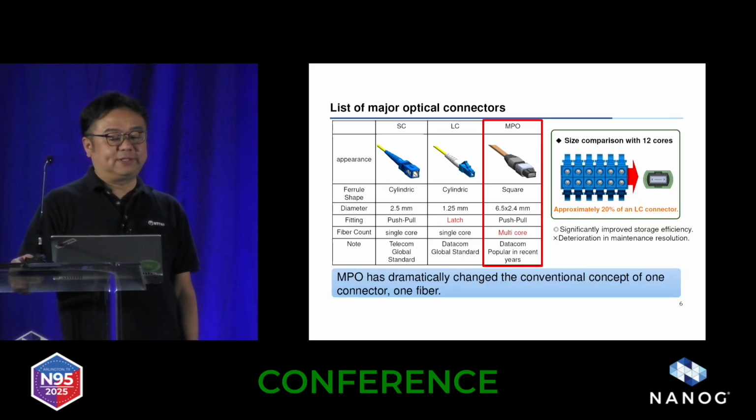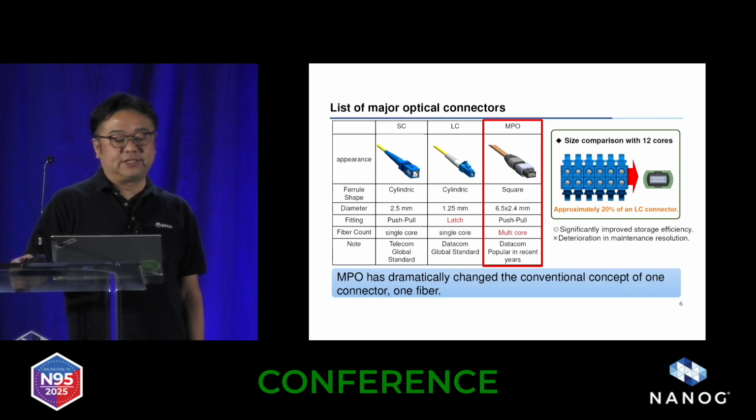First, let's talk about the main types of optical connectors. I believe that most of the optical connectors used recently are the SC and LC connectors. I suspect that many of you here today have used these two types. What these two connectors have in common is that they each contain only a single fiber.